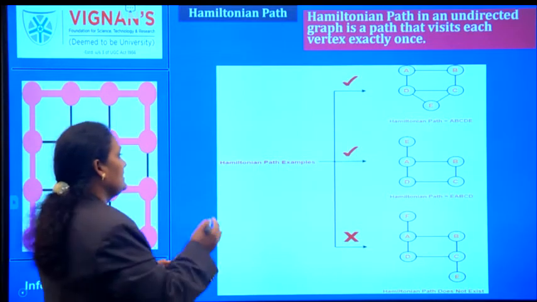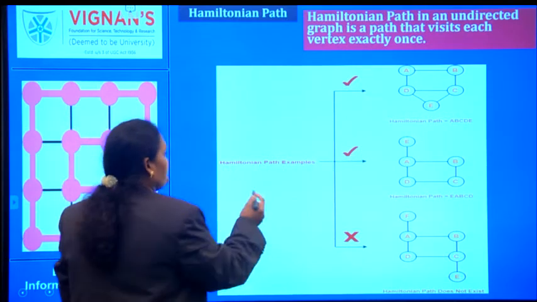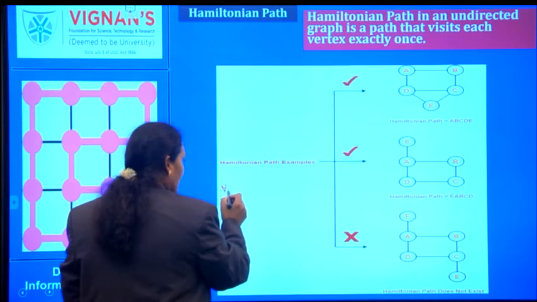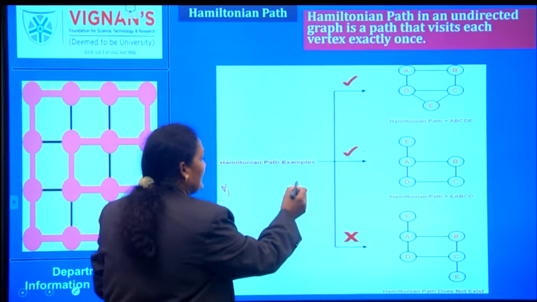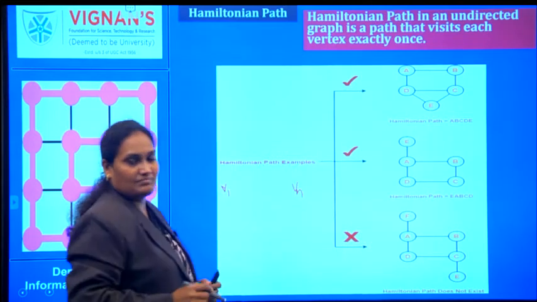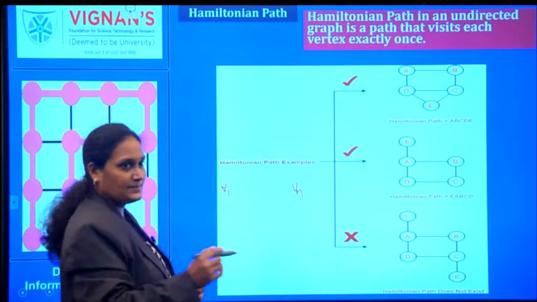So here we can say the Hamiltonian path starts with a vertex and ends with a vertex.